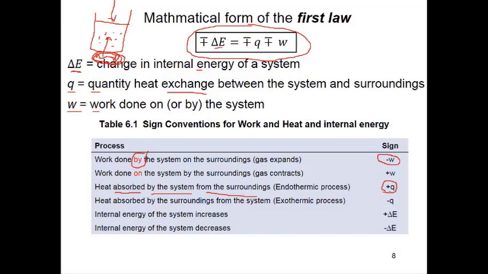So Q will be positive. And when the heat goes inside, the internal energy, delta E, will increase in the system. So it will also be positive, because it is coming from the surrounding to the system. That is positive delta E, which means the internal energy of the system increases.